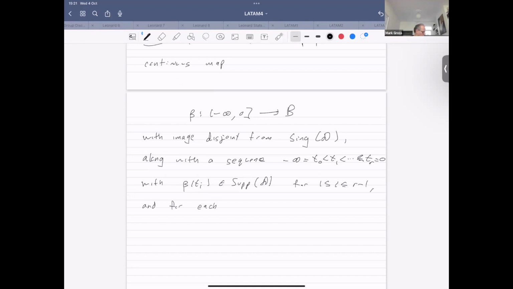And for each i between 1 and r, the data of an expression a_i t^{p_i} z^{m_i}, with a_i some complex number, p_i an element of our monoid P, and m_i an integral tangent vector.